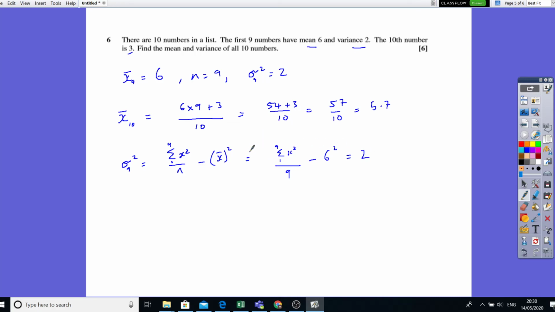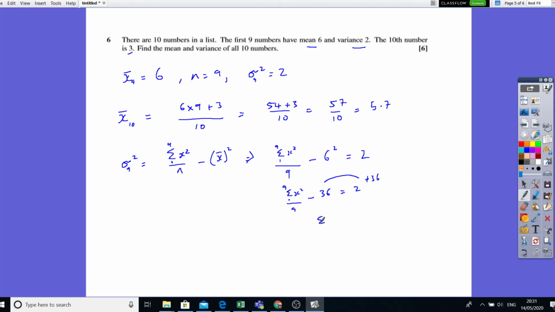So we have this formula that we need to solve now. 6 squared is 36, so the sum of x squared from 1 to 9 divided by 9, minus 36, equals 2. Take that to the other side. The opposite of minus 36 is plus 36. Then I'm going to times that by 9.